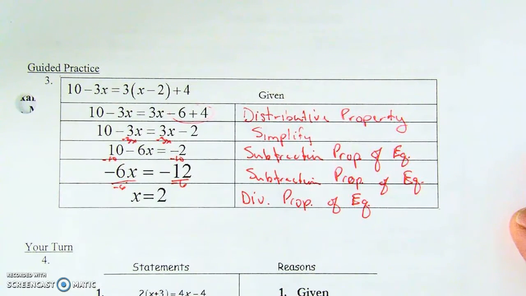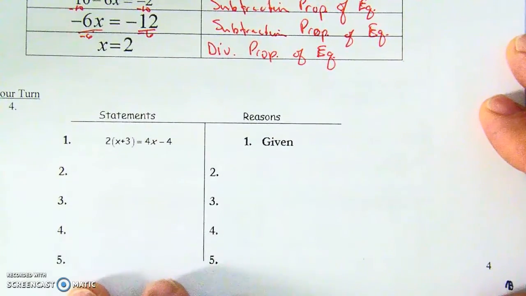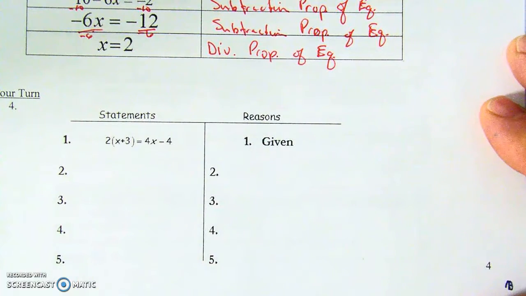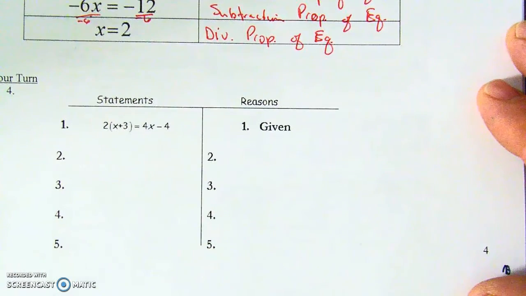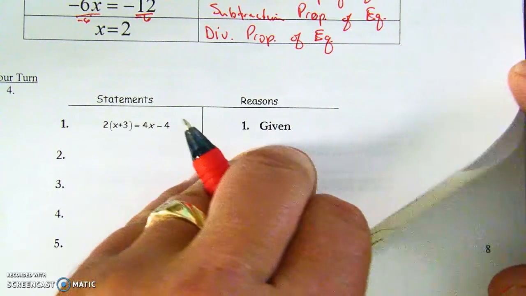So now I want you to do the same thing, but on the next example, it's asking you to do both the math on the left-hand side and give the reasons on the right side. It looks like there's about 5 steps for you on that one. Okay. All right. So go ahead and take care of that, and we can talk about it in class if you have any questions about it.